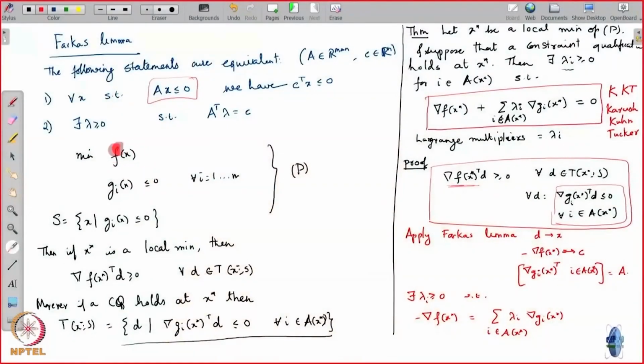This can be made a little more general, and I will explain that in the next lecture. What I have not allowed for so far are equality constraints in this definition of optimization problem P, but that is not very hard to do, because any equality constraint can be written as two opposing inequality constraints.